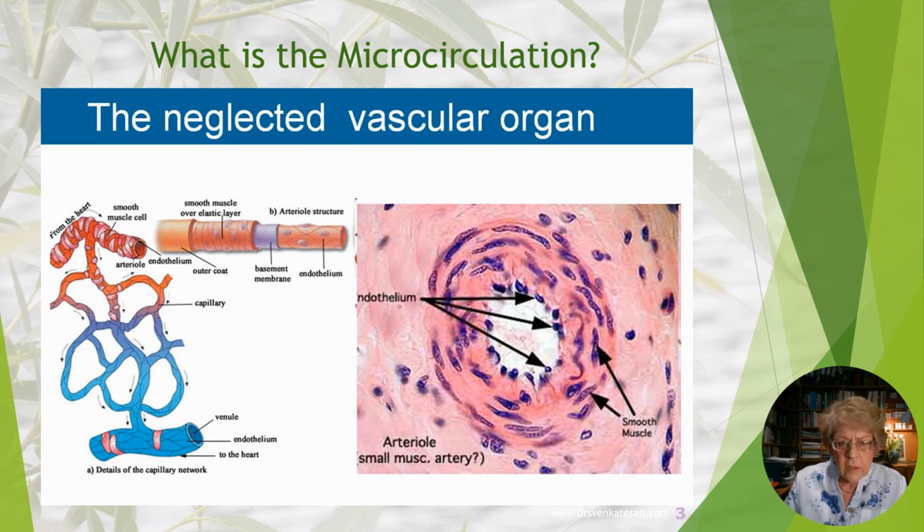So here you can see the arterial system coming through to the capillary bed and then on into the venous system. So the small arteries, as you see in this diagram here, have muscle on the outside of their coat.